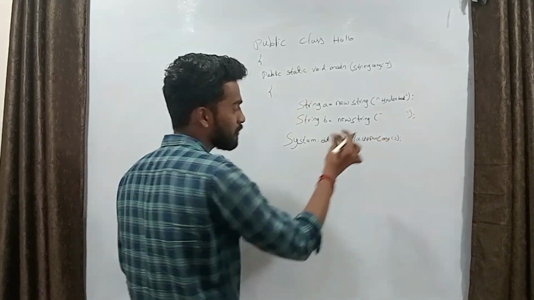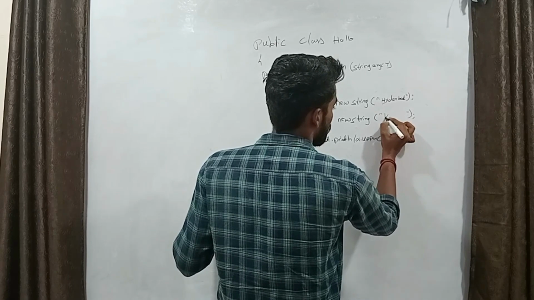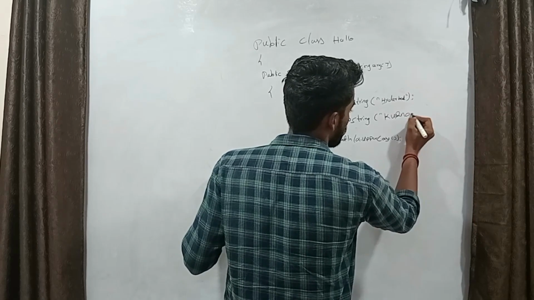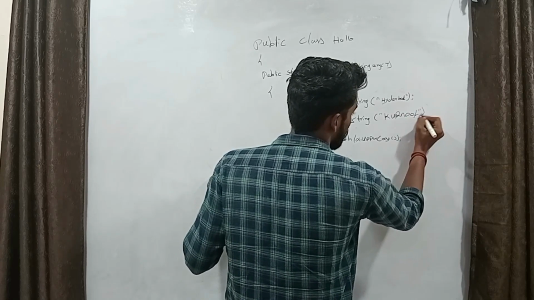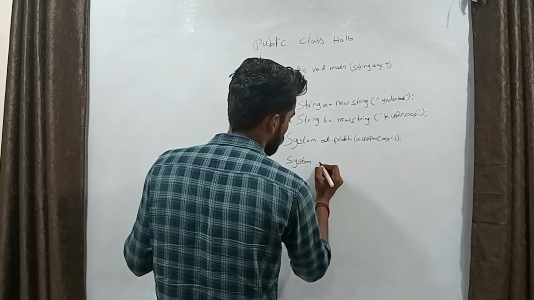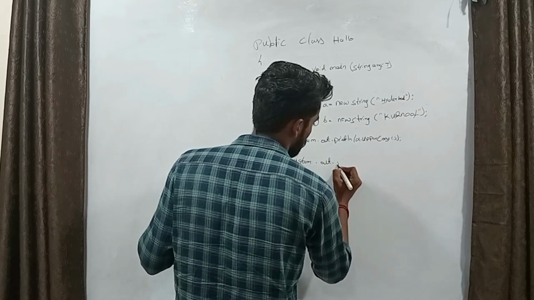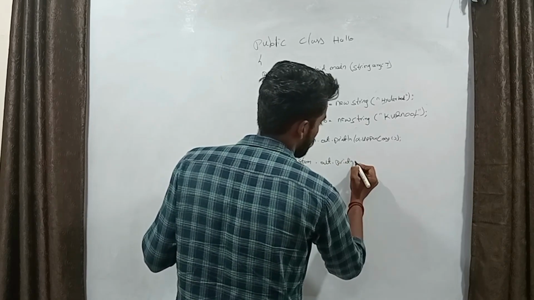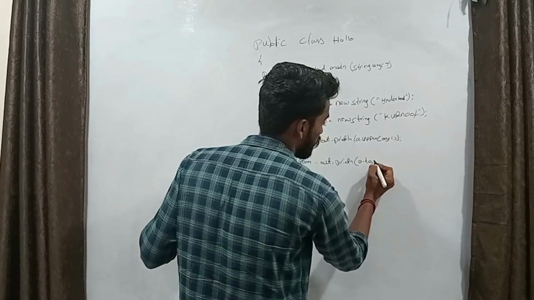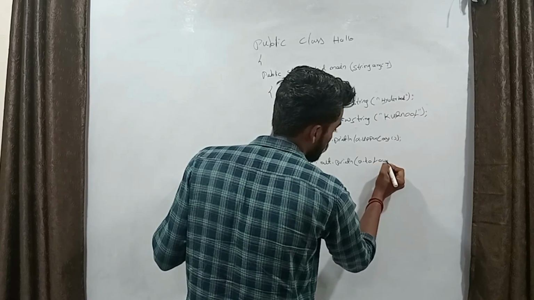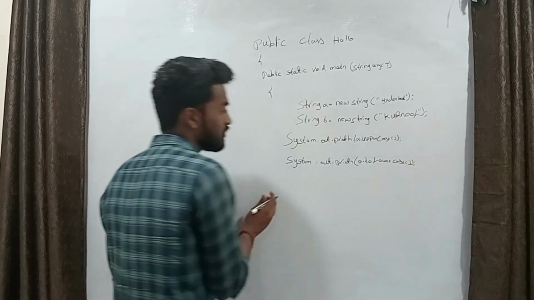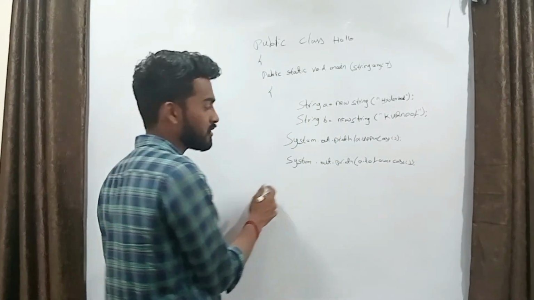Here we should take capital letters. A dot toLowerCase, where L should be a capital letter and C should be a capital letter. This is uppercase and lowercase.